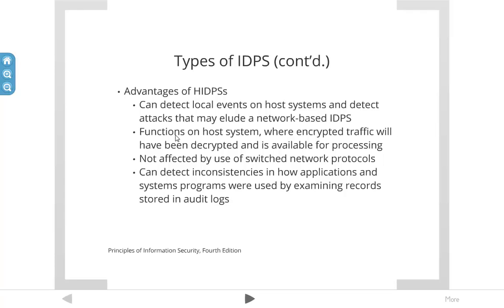Okay, so functions on a host where encrypted traffic will have been decrypted and is available for processing. It's not affected by the use of switched network protocols. So if you have a switch on the network and you are not tapping your IDPS in some kind of perfect spot, the local computers talk to the host system, and the traffic will only go to the switch and back to the server.